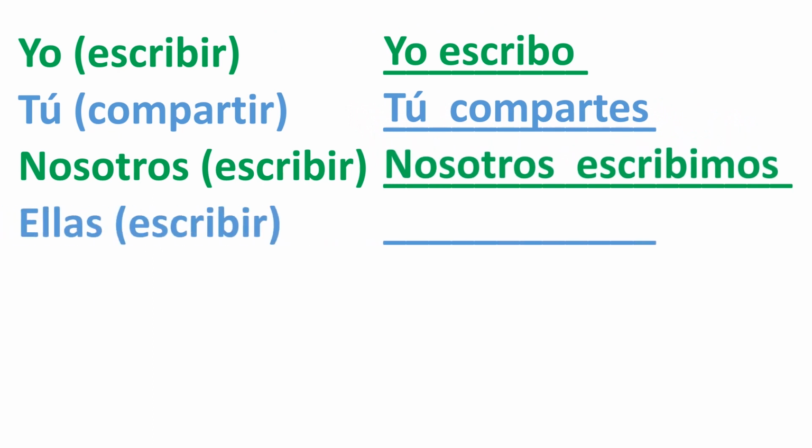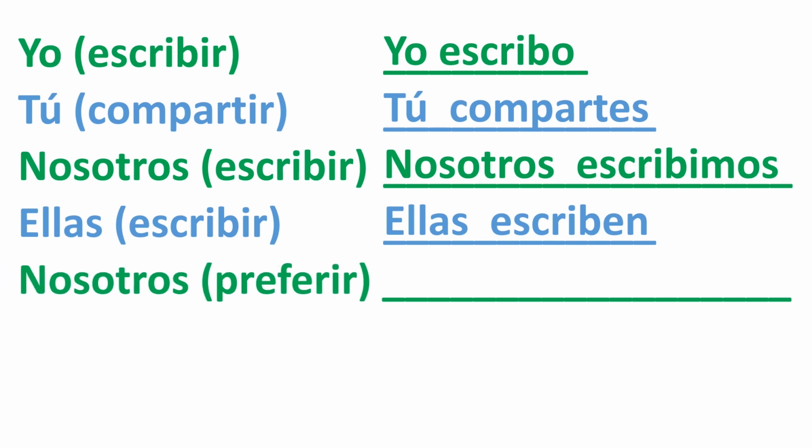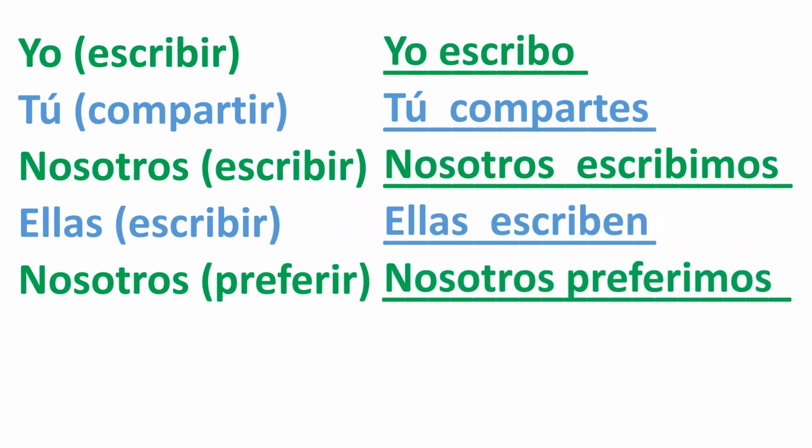All right, how about ellas? Let's see. Oh, that one uses the same as ER verb conjugation. So ellas escriben. Next one, how about nosotros? Preferir is the verb to prefer. We've already seen that in a couple of different forms, like yo prefiero and tú prefieres. But nosotros form, just use an imos, since it's an IR verb. Nosotros preferimos.